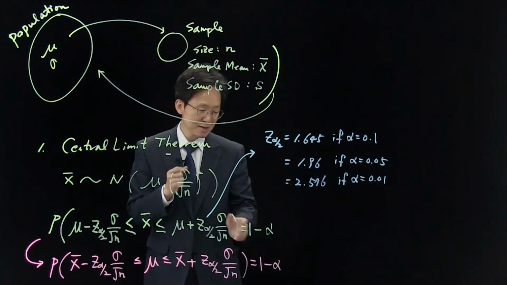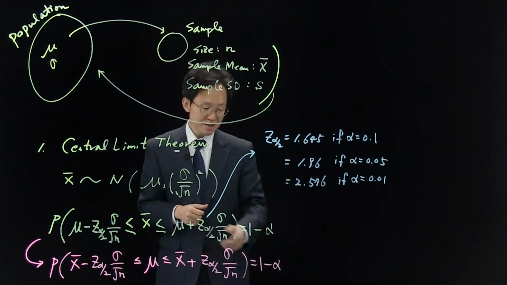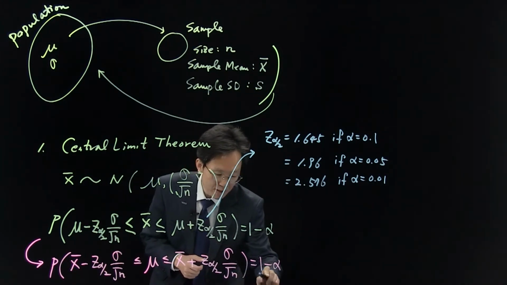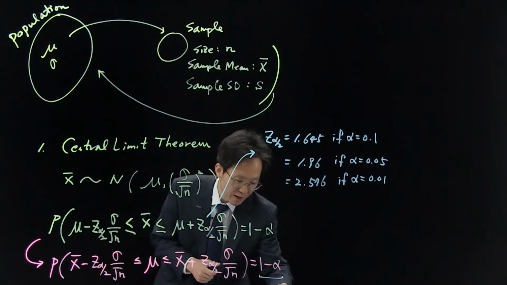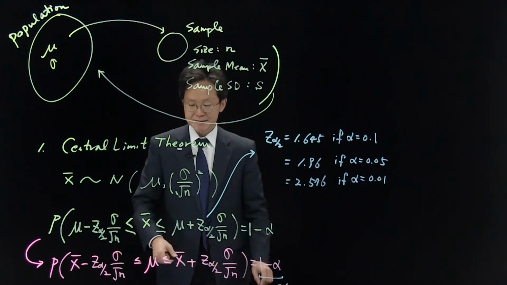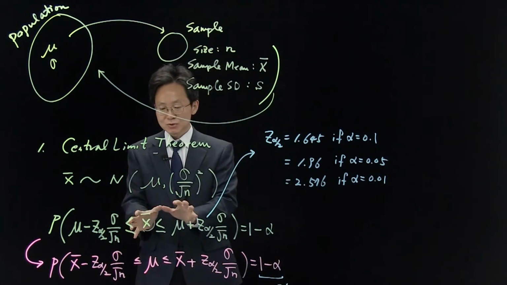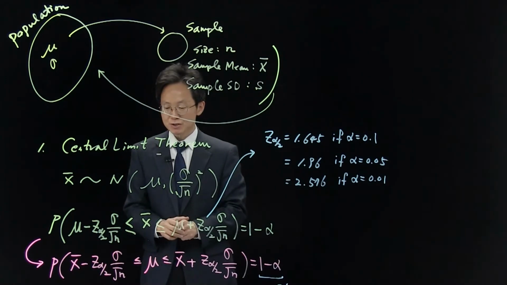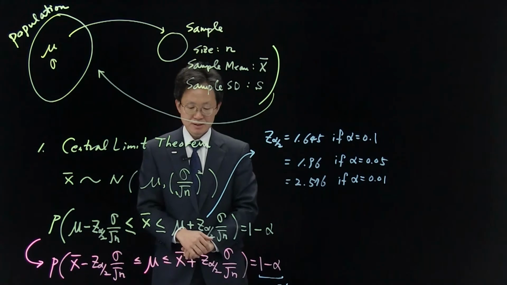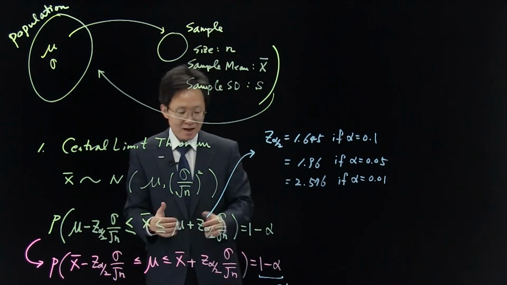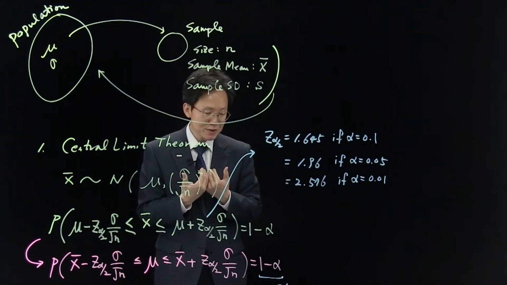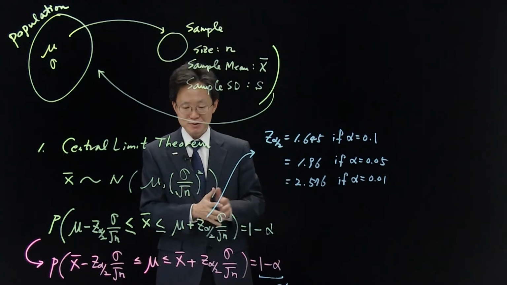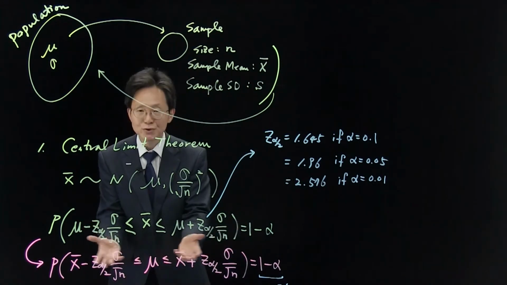If alpha is 0.05, then this one is going to be 0.95. So when I tell someone the true mean of the population is within these two values, I'm confident at 95%, 0.95. That's my confidence level. So in a sense, I already gave you the confidence interval.